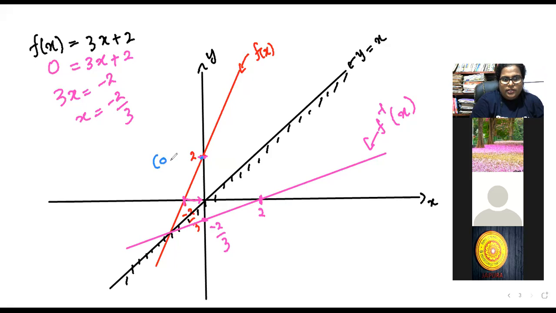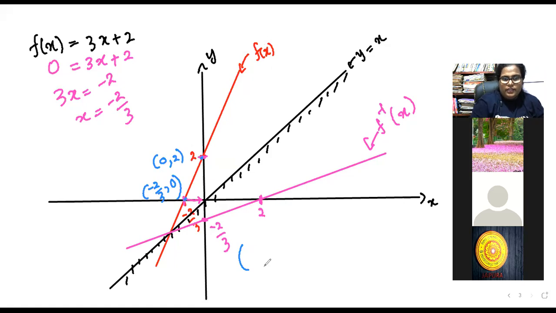You can take this point as 0,2, this point as -2/3, 0, like this, and you can convert to the inverse of these coordinates, like 0, -2/3.